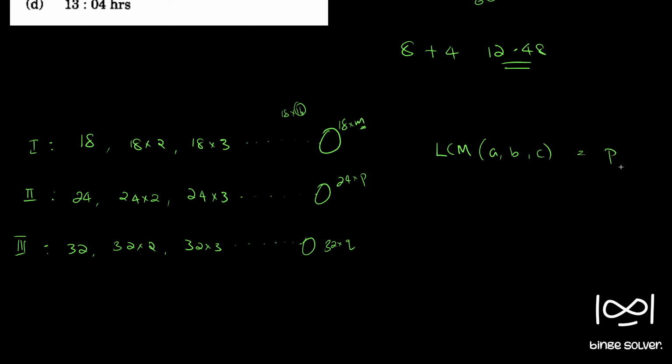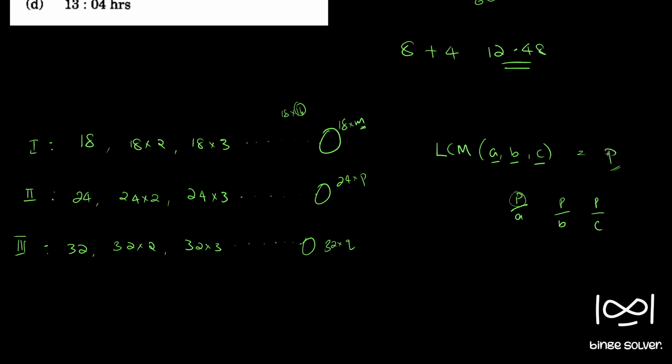P is the smallest number that is divisible by A, B, and C. So P divides with A, P divides with B, and P divides with C, and P is the smallest such number. That is the same number we are looking for here.